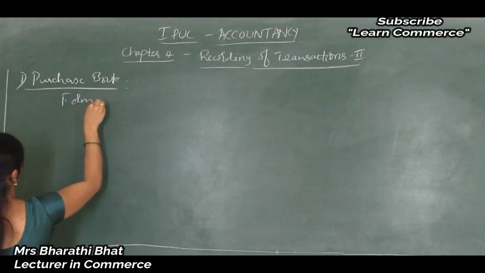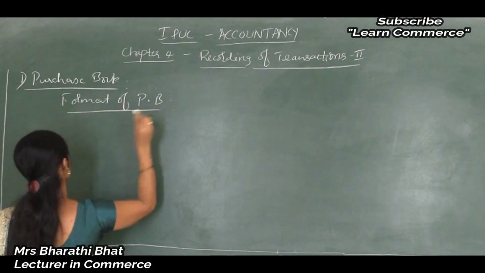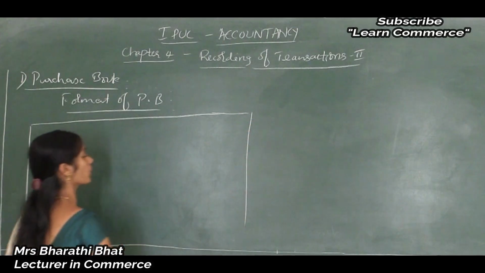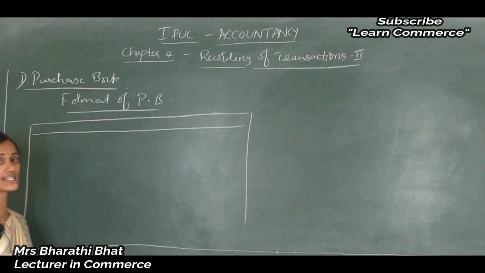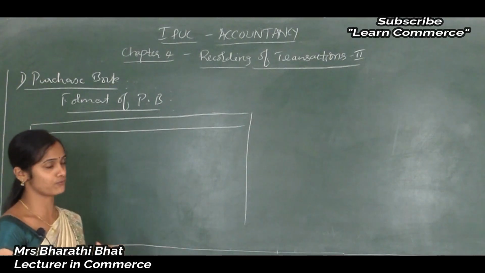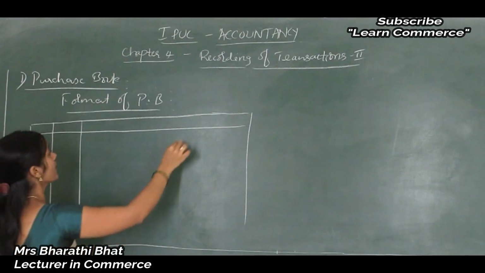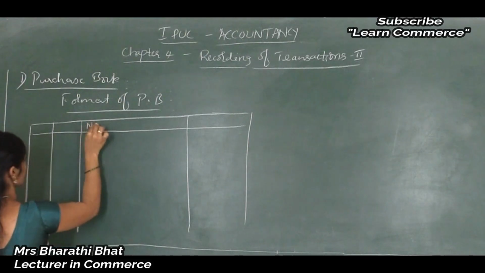Format of the purchase book, very important guys, and very simple. We can easily understand these concepts and we can easily score 6 out of 6 and 12 out of 12. So first one, date, and the next one to record invoice number, and the next one is the main column to record name of supplier.